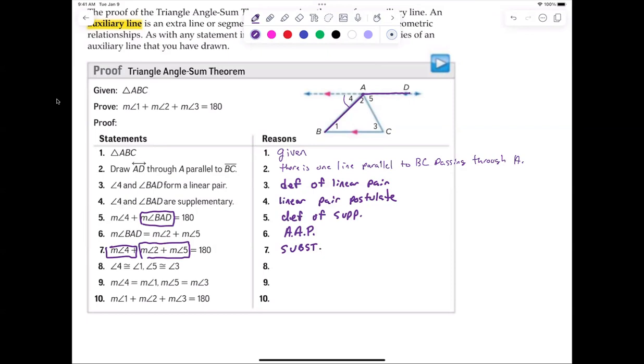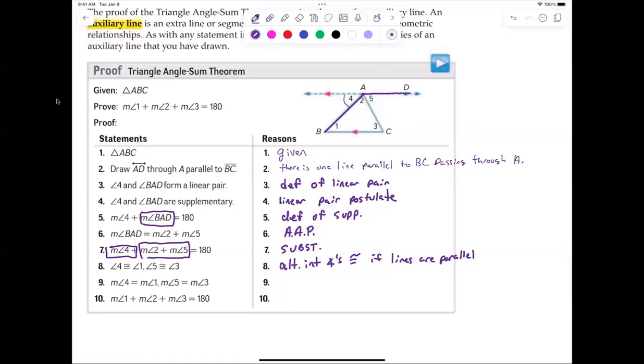Now, why does angle 4 equal angle 1? Yes, thank you very much. Those are alternate interior angles. Alternate interior angles are congruent if lines are parallel. Yes.